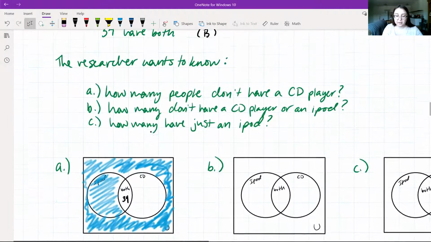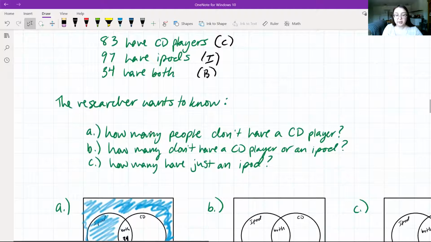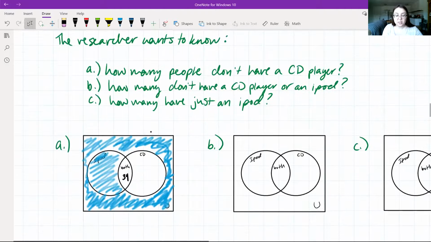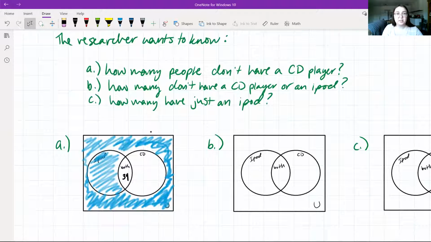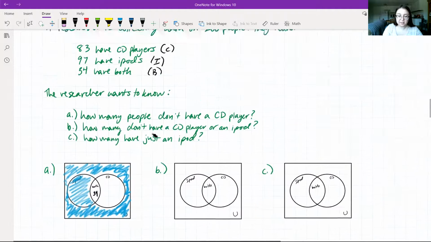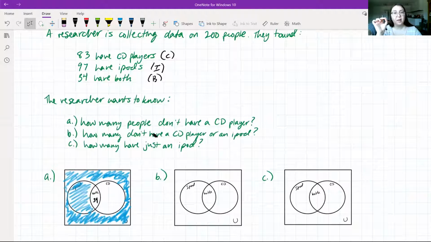Now, we know that 83 people have CD players and 97 people have iPods. So it's really easy for us to just go in and label the leftover regions 83 and 97. I'm not going to write it because it would erase the shading. But it's really tempting to just write that, but we can't, because 34 of the 83 that have CD players also have an iPod.